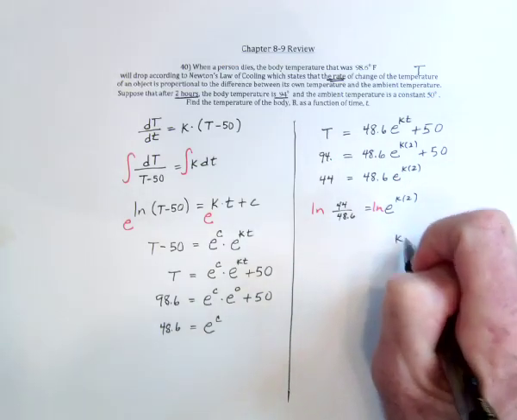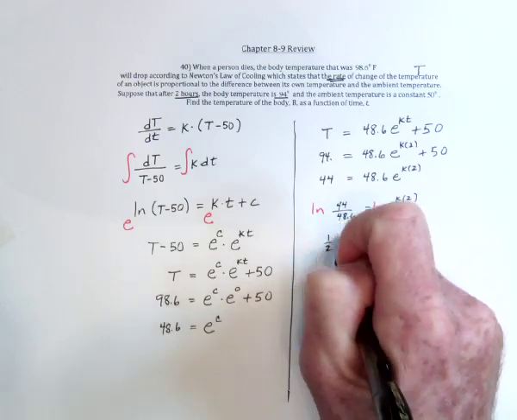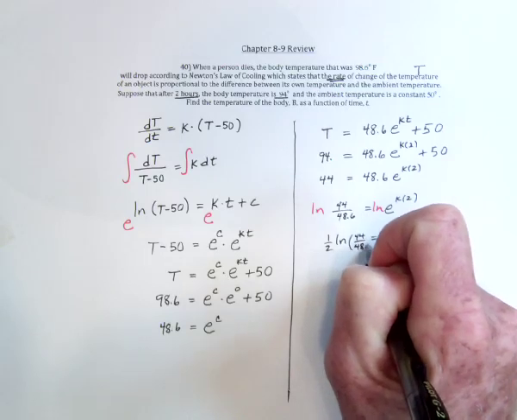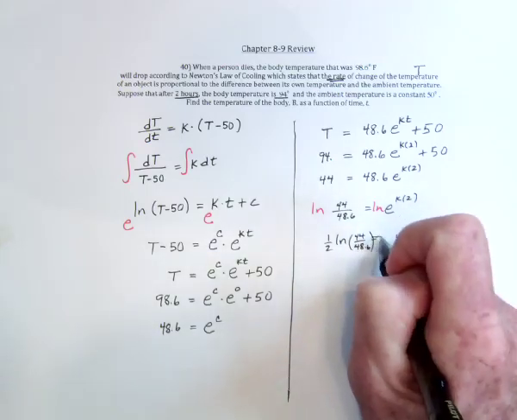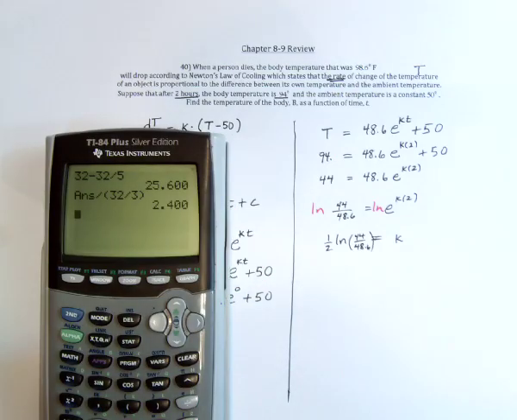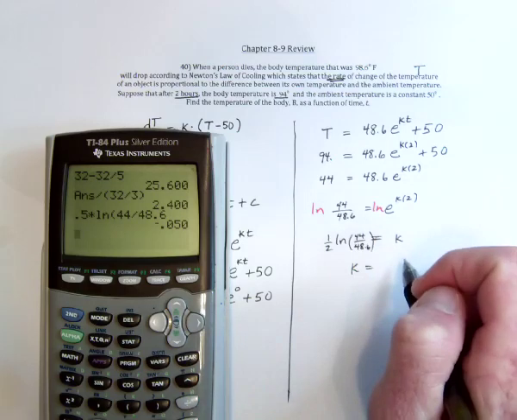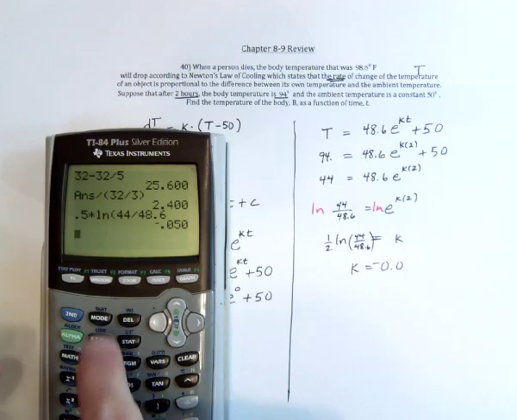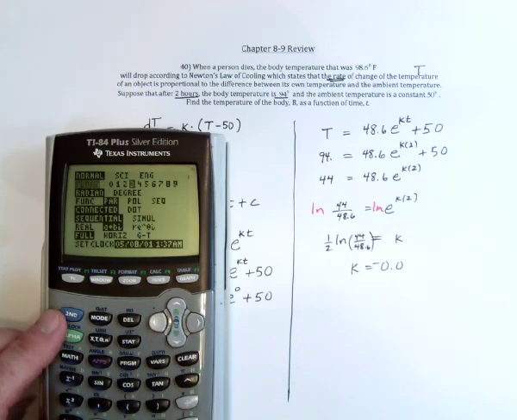So once you divide by 2 or multiply by half, it's going to be the natural log of 44 over 48.6, and then multiply by 1/2, so we get k is a negative 0.0497. I wonder if I could get a little more accuracy.